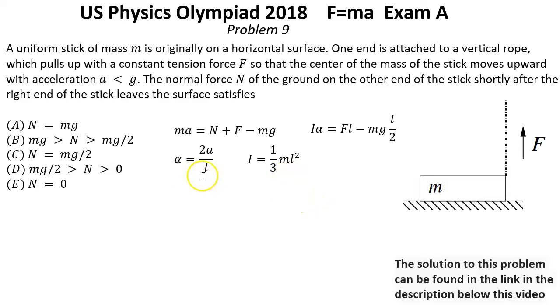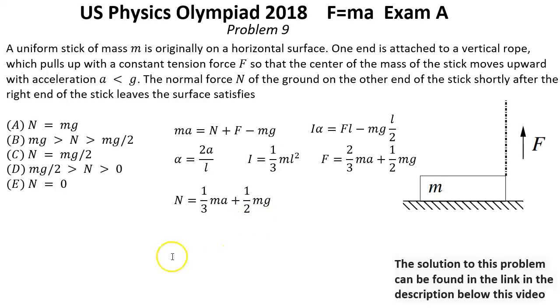Now we can put these expressions into the second equation for rotation, and we will get an expression for force F using acceleration a and acceleration of free fall. And now we can exclude this F from the first equation, put it here, and find that the normal force equals 1/3 ma plus 1/2 mg.